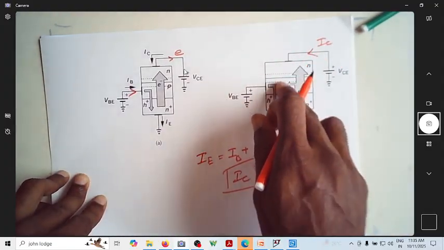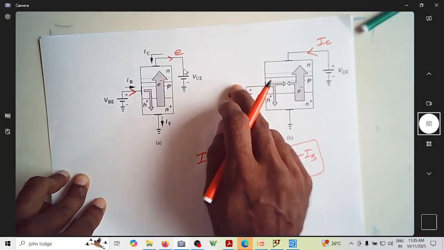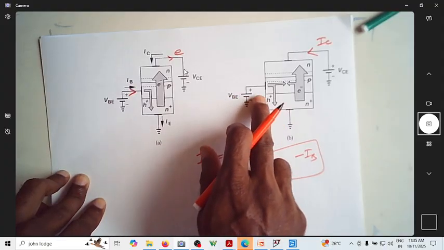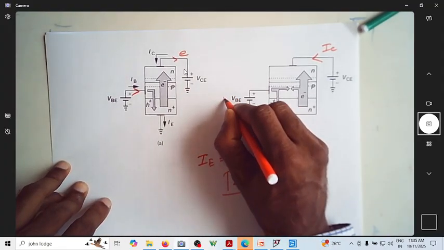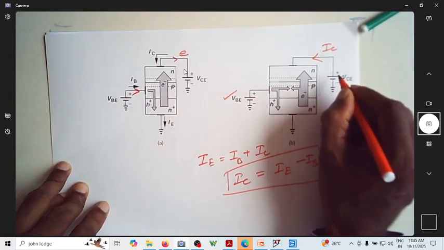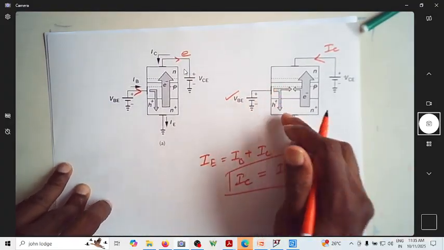For that, I first have to have the forward biasing of this junction, so VBE is a must. I have to have this as a positive voltage, and this positive such that this is reverse bias.